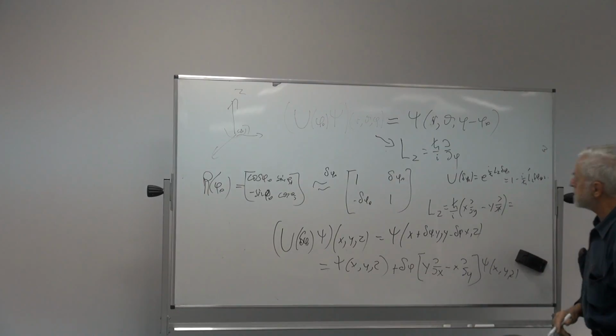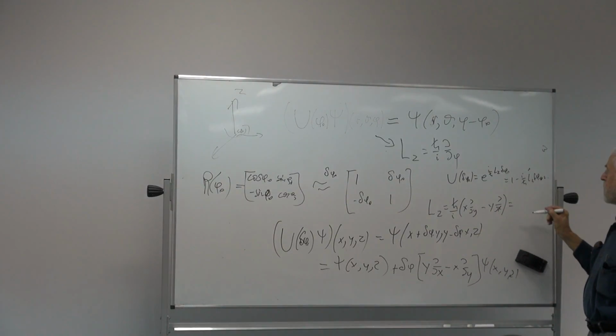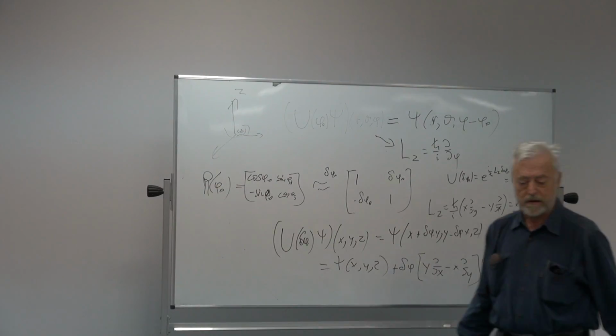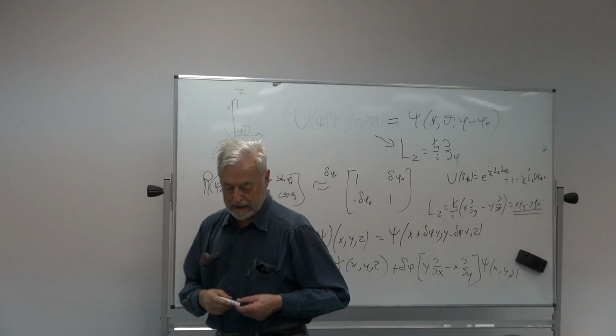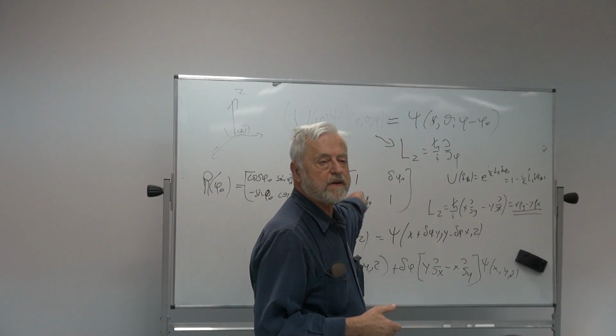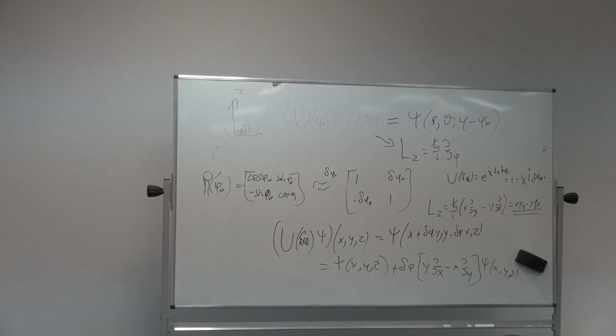In other words, this times this and this times this is a momentum, so it is x py minus y px. Of course, an expression which is familiar to everyone, but I kind of like this sort of justification for this, yes. That we really see that this operator generates infinitesimal rotations around the axis. Okay?